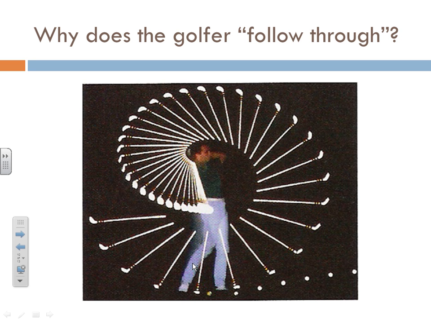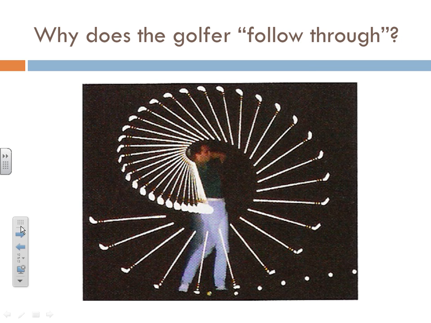But this doesn't just apply to a golf ball, it applies to a lot of athletic endeavors, whether it's throwing a baseball, hitting a softball, hitting a tennis ball, kicking a soccer ball. Anything that we do here, we usually talk about following through. When you make contact with whatever it is you're trying to make contact with, you don't just stop. You continue that motion all the way through.